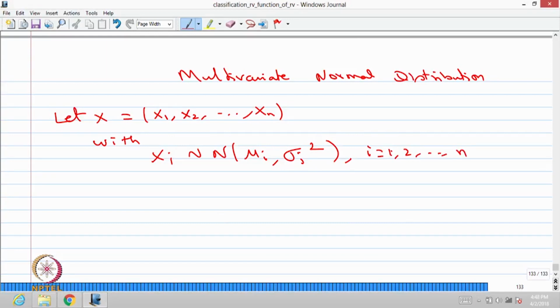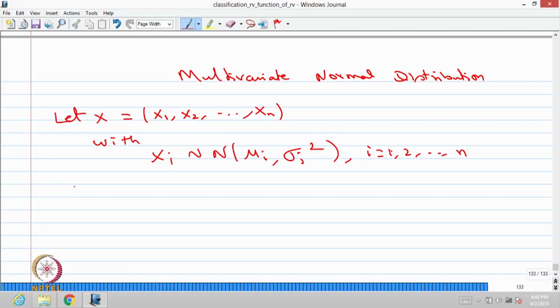Then we call the random variable X a multivariate normal distribution. Whenever each random variable is normally distributed, the n-dimensional random variable is called a multivariate normally distributed random variable.